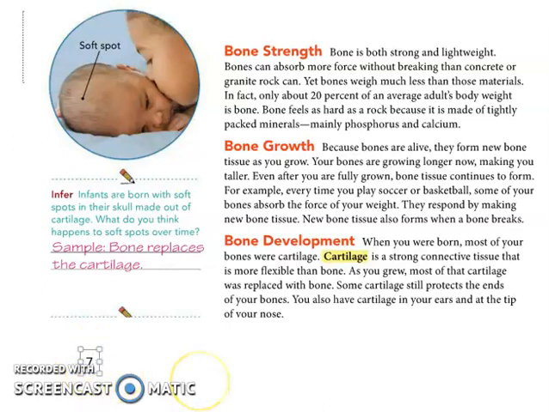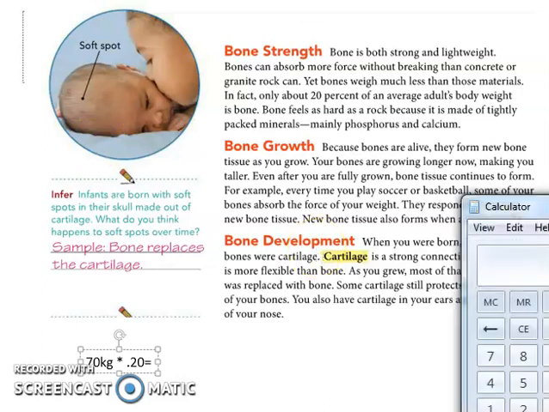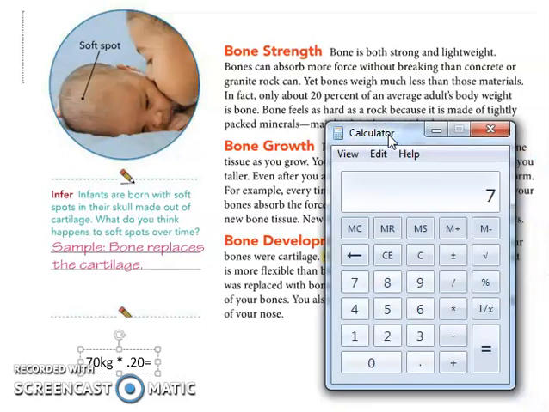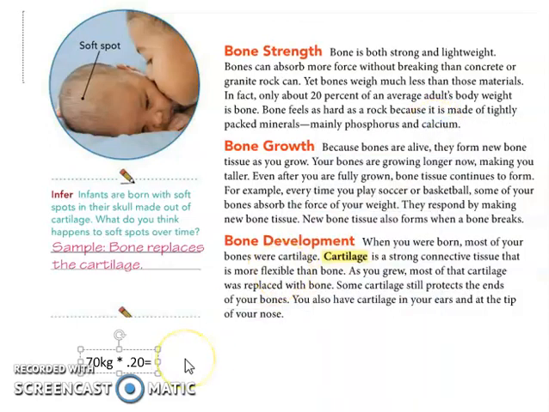If your mass is 70 kilograms, then 20% of that, so 0.20, is my bone mass. If you try to calculate that, 70 times 0.20, that is 1.4. Okay, so that is 1.4 of my mass is bones.